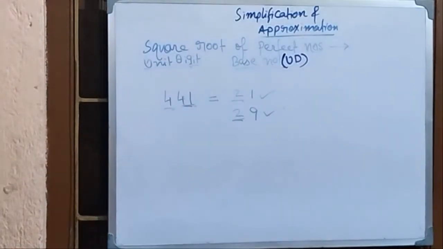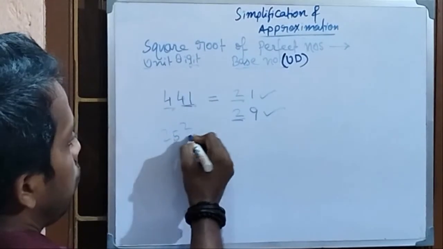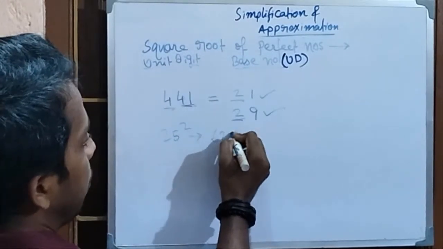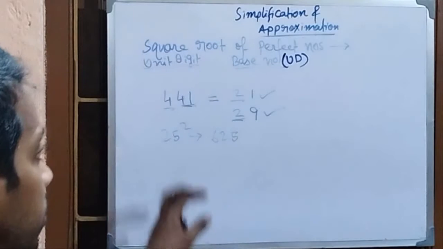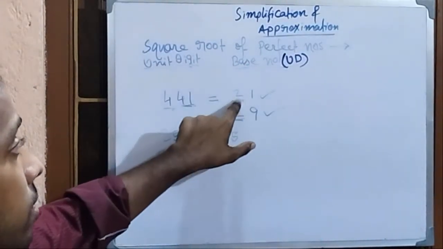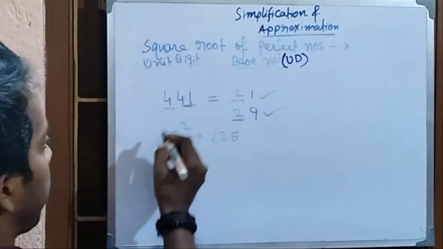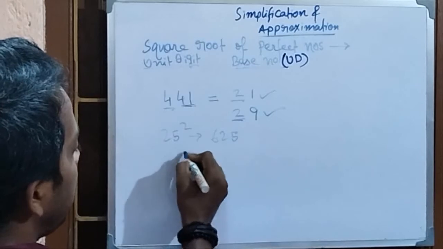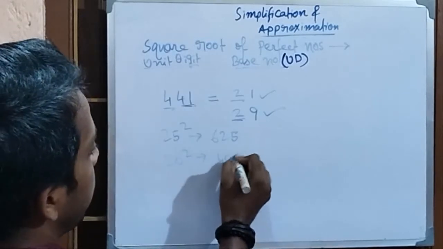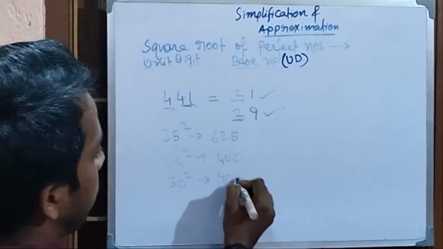Now see, some basic fact again comes in: 25 square, you should remember that it is 625. So isn't it obvious that it should not be 29, rather the answer is 21, right? Now another important fact: 20 square is 400, 30 square is 900.